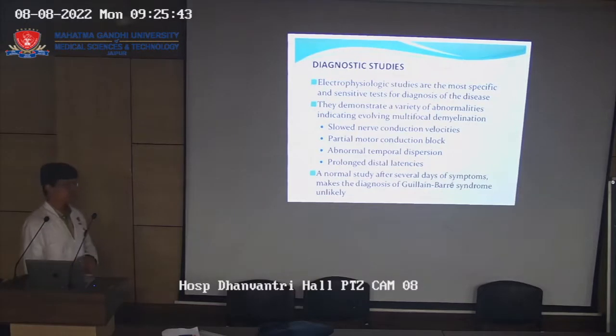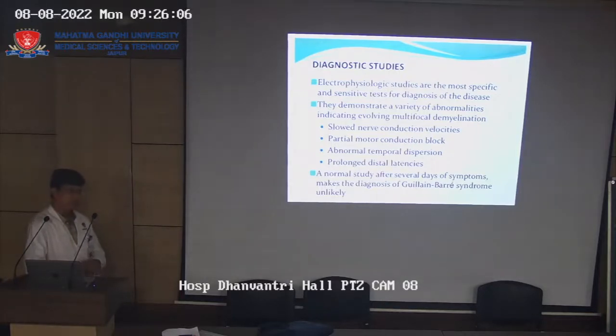Now come to the diagnostic studies. First we have made a clinical diagnosis, which is supported by the CSF picture, that is albuminocytological dissociation. Then we have to confirm the diagnosis. The confirmation is done through the electrodiagnostic study, that is the NCV, nerve conduction velocity, and it is the most specific and sensitive test for diagnosing GBS.